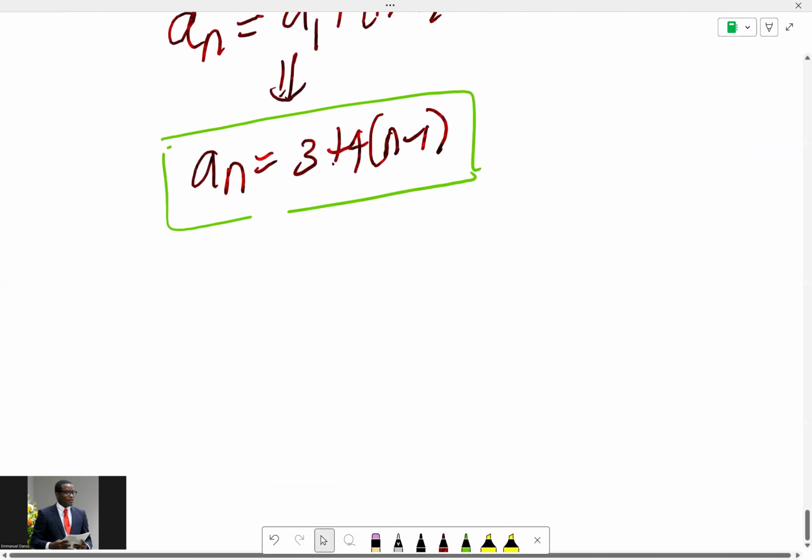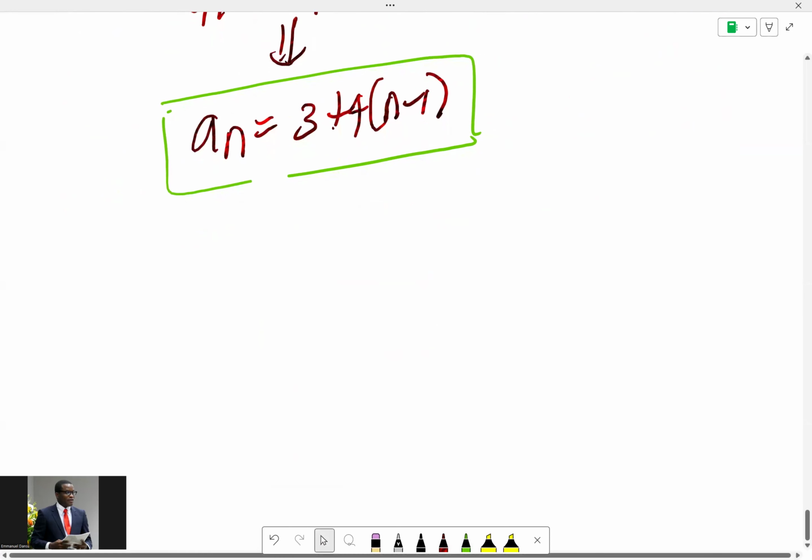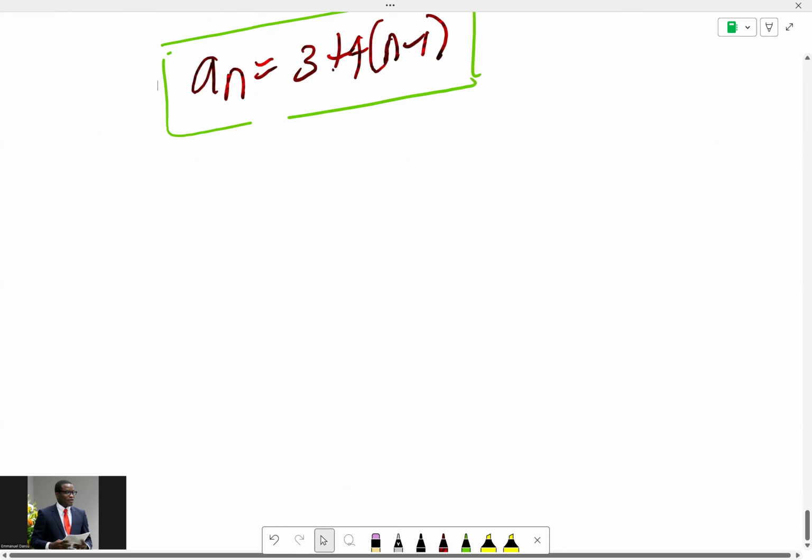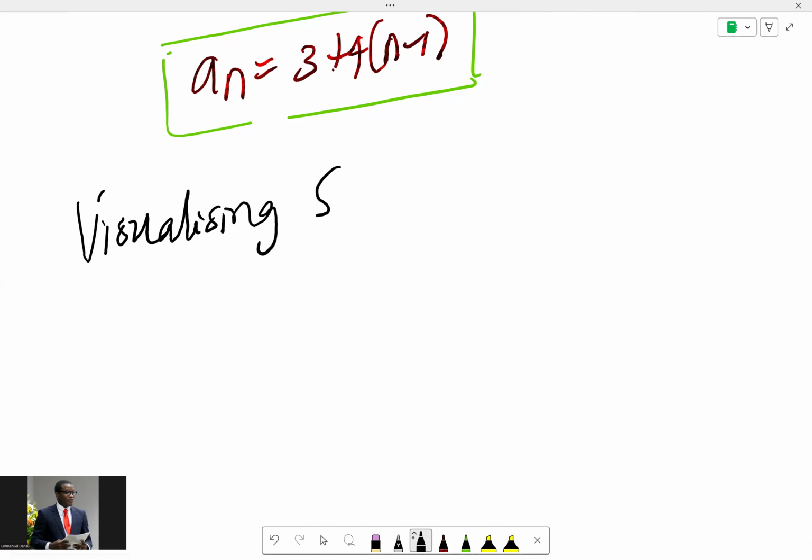Okay, so that goes. Now let's complete this by talking about visualization. Can we visualize sequences? Visualizing sequences.